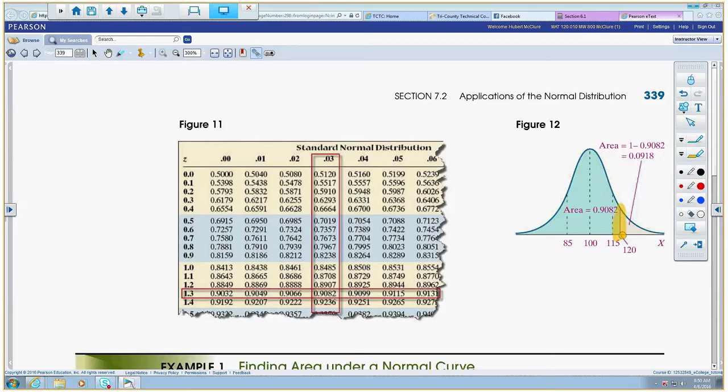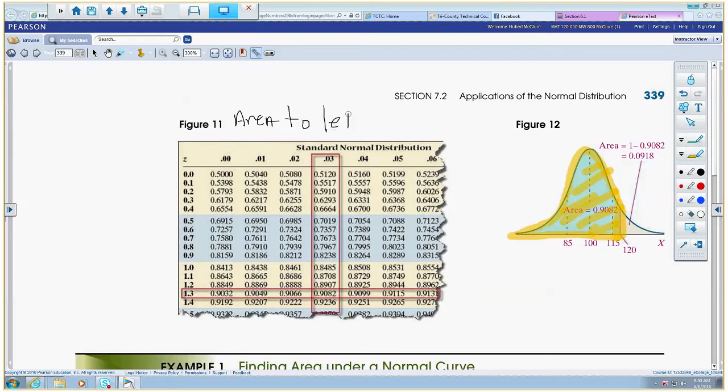If I look to the left of 120, I've got to change it into a z-score first. That's the area that the table will give me. The z-table will give me this area right here. It's designed to give you the area to the left. So you need to write that down: z-table, area to the left of your score.